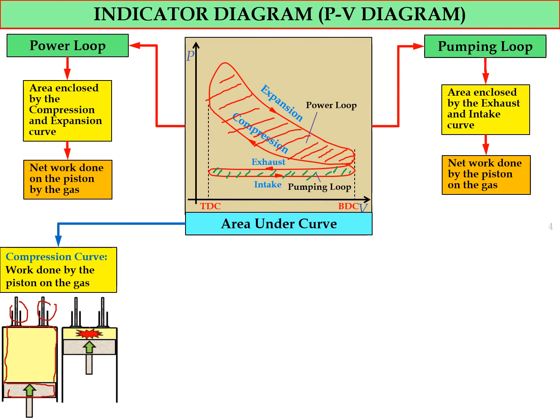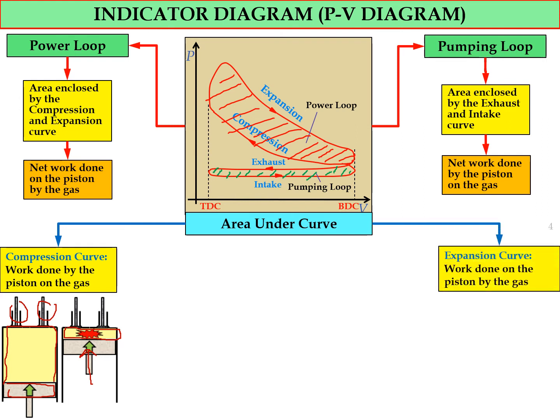The yellow region is the gas inside the cylinder, and this is the work done by the piston on the gas. So the piston applies a load or compression to the gas, colored yellow. So this is the compression curve.